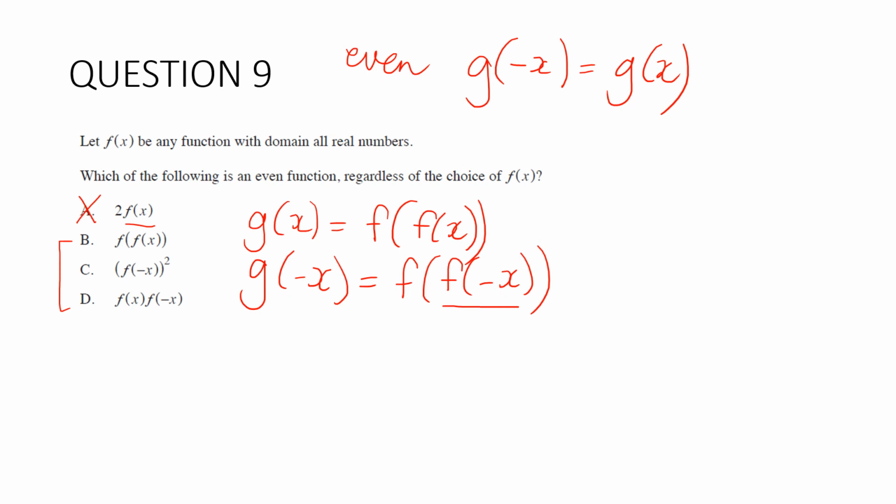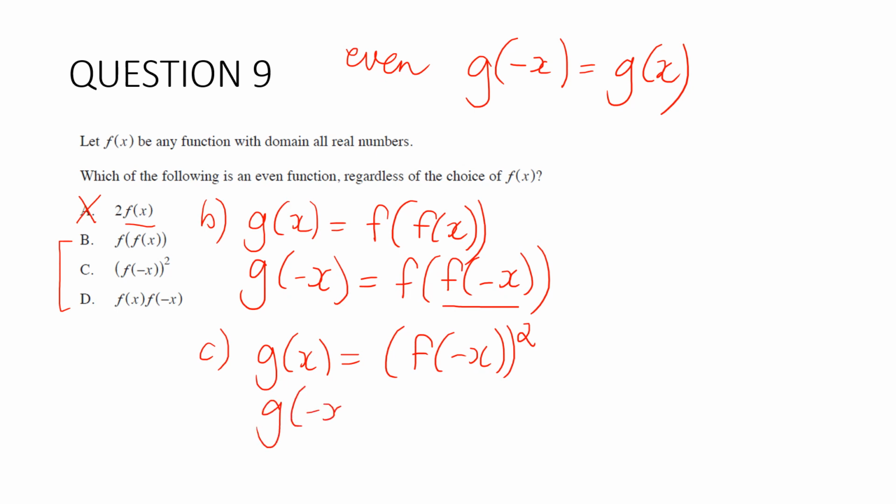So we can't tell if this is going to always be even. So we're just going to park that one for the moment. Let's have a look at C. Let g of x equal f of negative x all squared. And so what is g of negative x? Well, it is f of x all squared. And again, sometimes we might get an even function, but probably not all the time. So again, it's possibly not C.